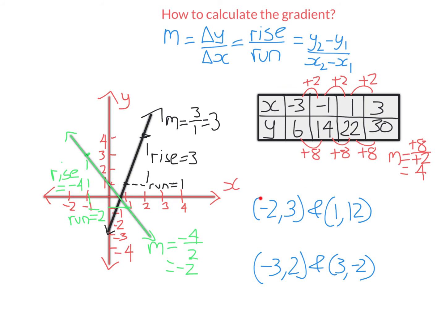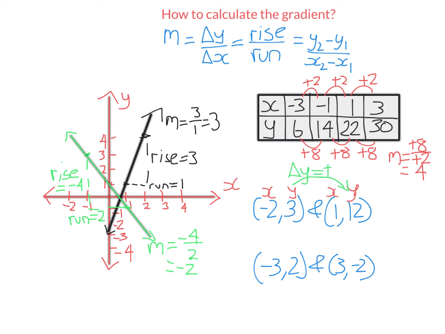So how do we find the gradient when we've got 2 points? Well, we can use either of these formulas because they're all the same. Remember, in any point, it's always the x coordinate that comes first, y coordinate second. So let's do what we did with the table. Let's figure out what happened to y and what happened to x. The y value's gone from 3 to 12. The change in y is +9.